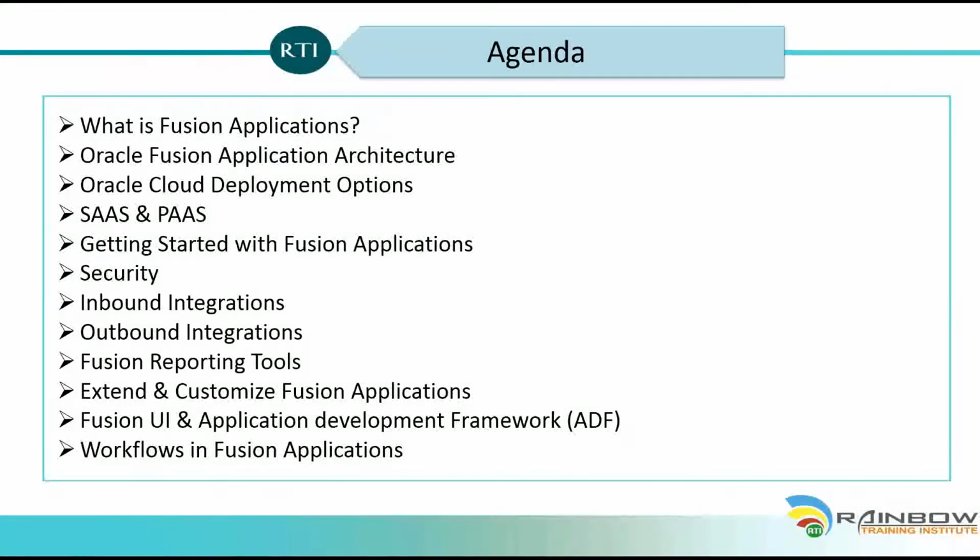Coming to this training, the way it happens is we will have the Fusion instance available throughout your training session, throughout this 1 month or 2 months or 3 months. Basically, our training spans 45 hours, and typically we won't have training during the weekends; all our training will be during the weekdays.